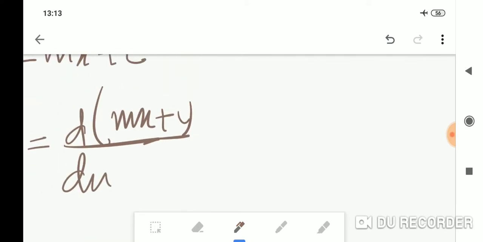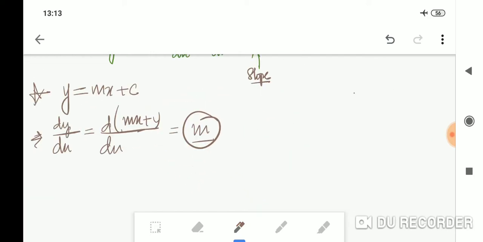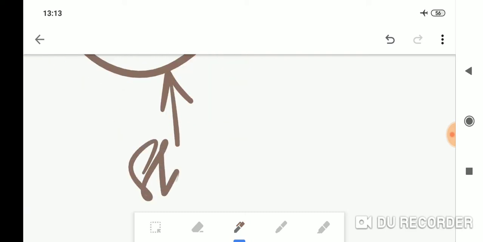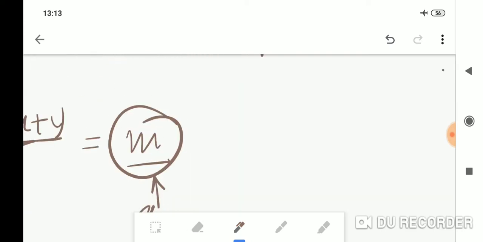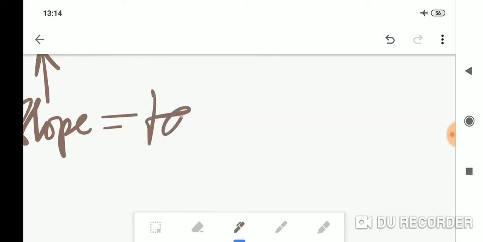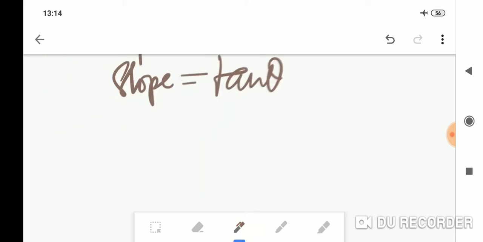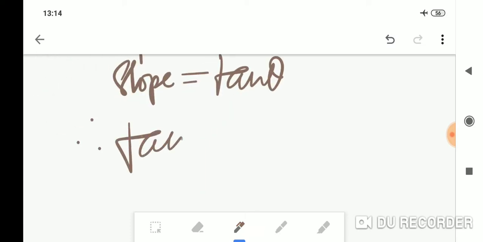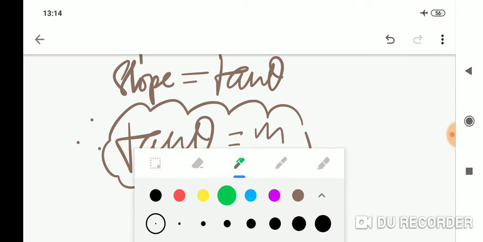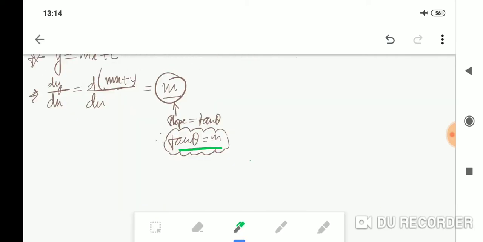So this differentiation we can easily get, it is equal to m. So we found that it is the slope, right? Again, the slope is equal to tan theta. Therefore, tan theta is equal to m, right? So this is a beautiful equation we are getting.